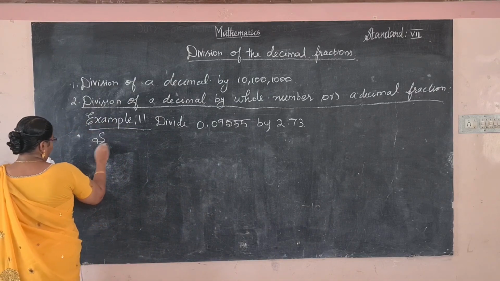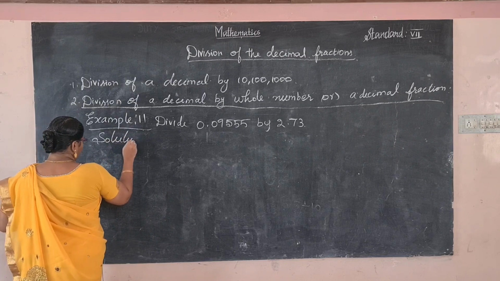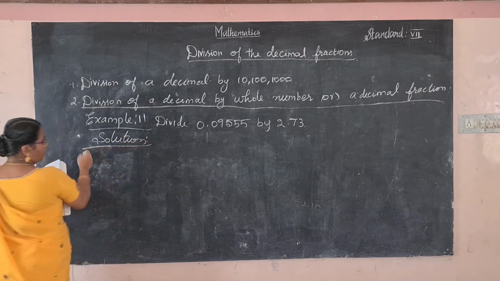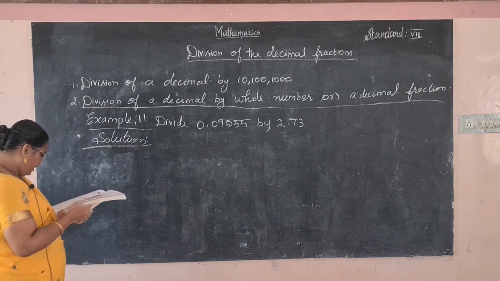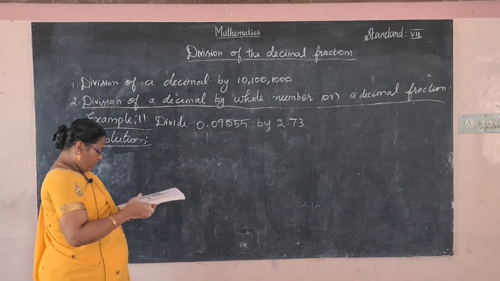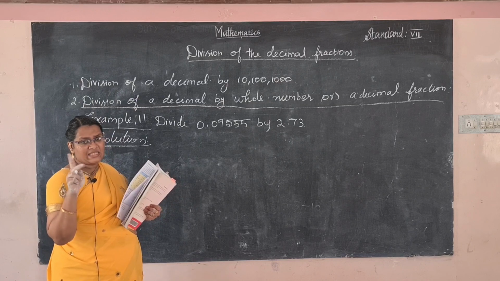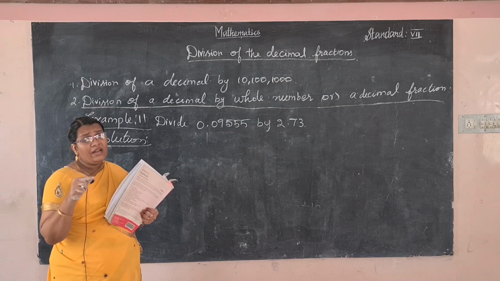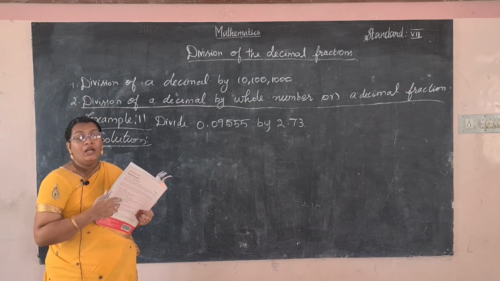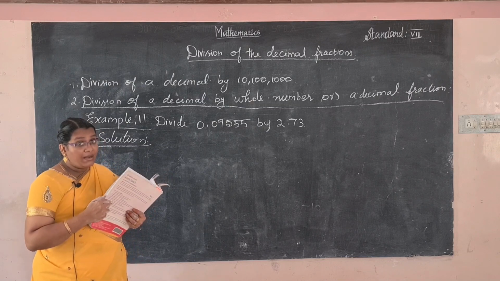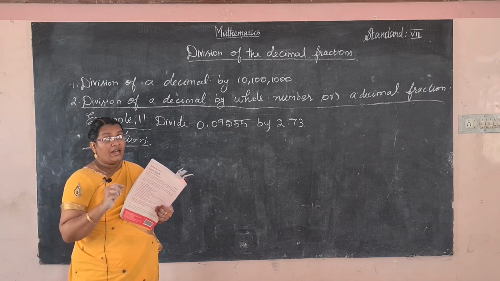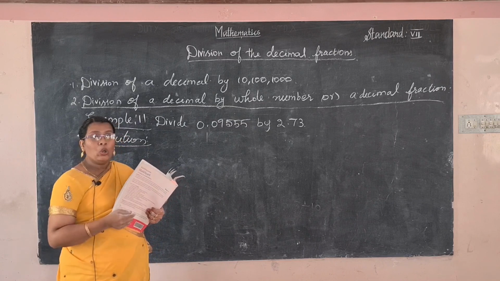Okay, as usual. Solution. See the divisor. How many decimal places in the divisor? 2 decimal places. So numerator and denominator are multiplied by 100. Why? We have to change the divisor to a whole number.